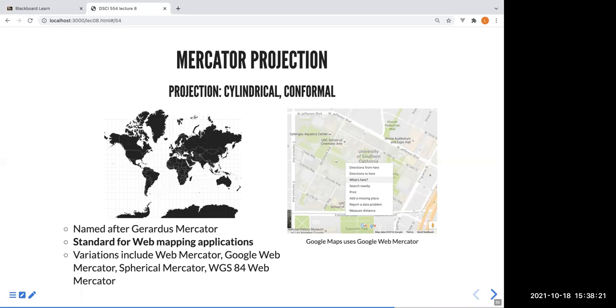There is one called Spherical Mercator, and there is one based on the WGS84 that has the WGS84 acronym in the name. Most of the time you don't need to worry about it because you're going to use the front end, and the map has the projection already built in. But obviously, you need to make sure that you're passing the data in the expected format, latitude, longitude.